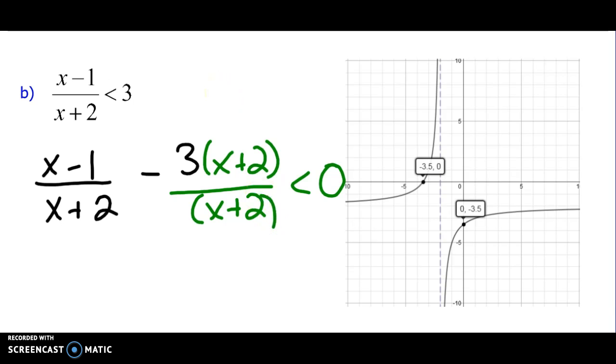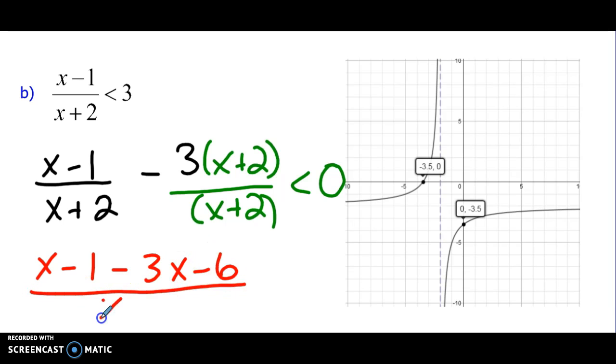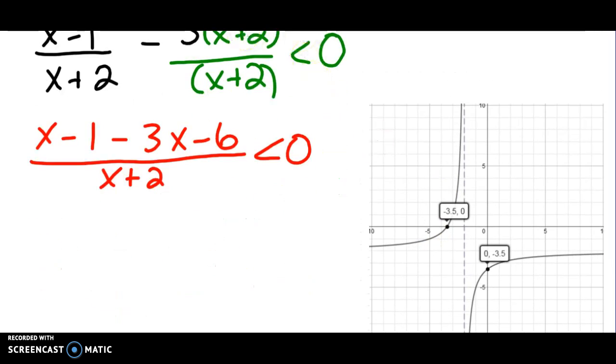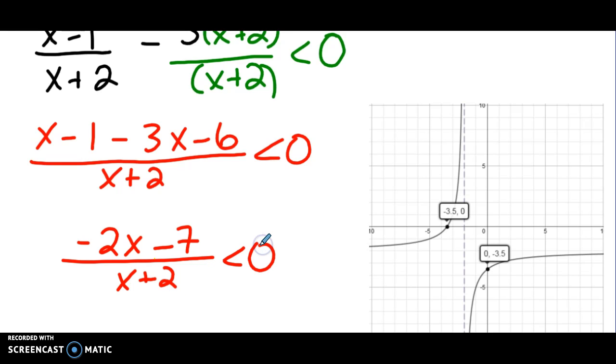And that's going to give us (x minus 1 minus 3x minus 6) all over (x plus 2) is less than 0. And we can put all that together by combining like terms, and we get (negative 2x minus 7) over (x plus 2), which is less than 0.